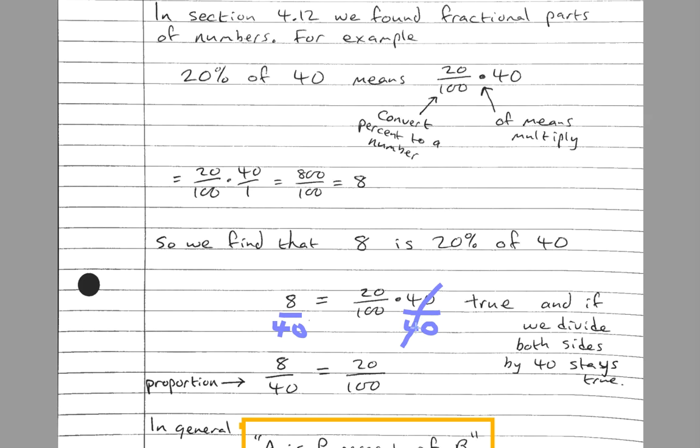And this is just 1. So we end up with a proportion. Saying that 8 is 20% of 40 is equivalent to saying that 8 over 40 is equal to 20%, or 20 over 100.